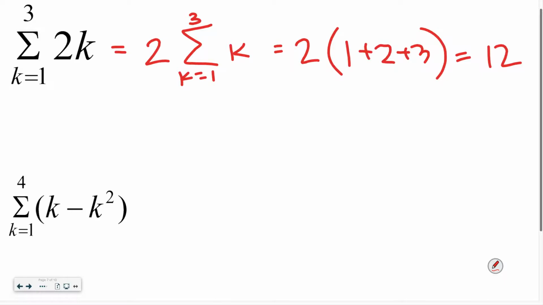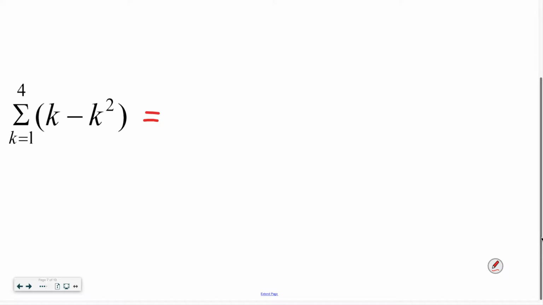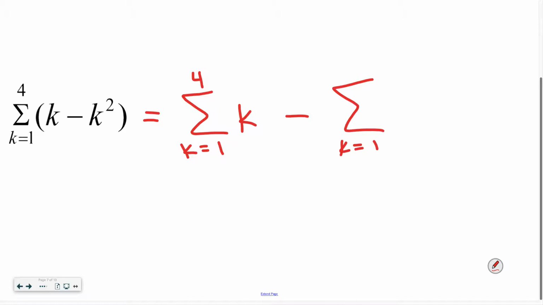For this one, the summation from 1 to 4 of k minus k squared, we could break this up into the summation from k equals 1 to 4 of k minus the summation from k equals 1 to 4 of k squared. You will see why that is helpful here in a moment.